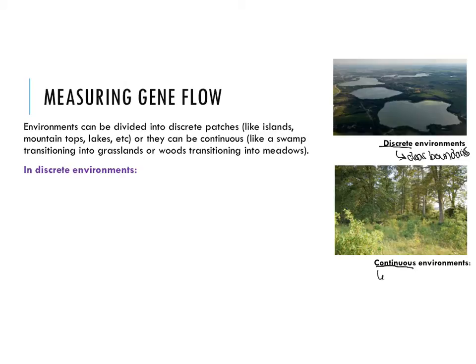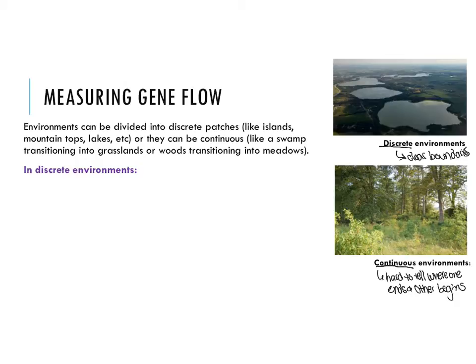So it's hard to tell where one ends and the other begins. So we can calculate migration for both of these, but it's easiest, and what we will focus on is calculating migration for discrete environments.